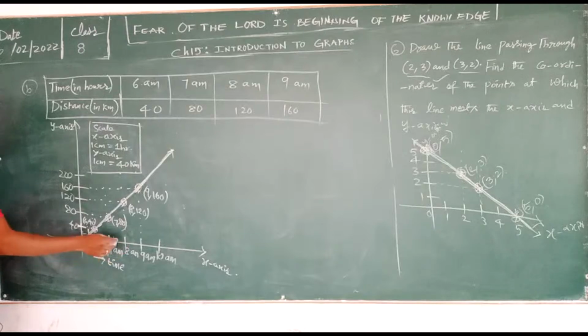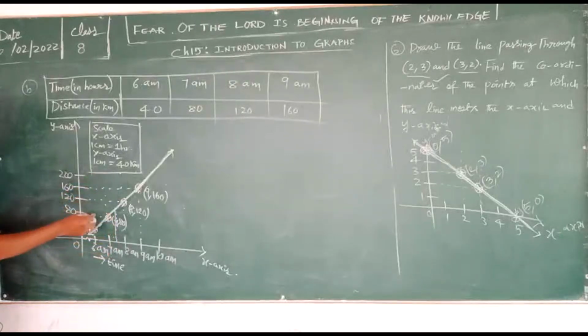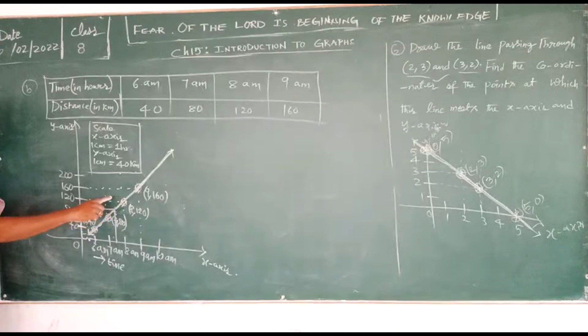So you already know, let me draw here how many kilometers they traveled. When you draw this, it is exactly the middle that you are going to get. So you know that the full travel from here to here is how much? This distance is 40 kilometers.